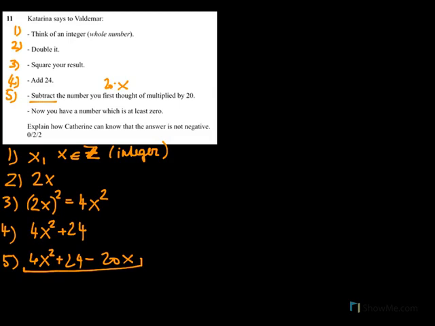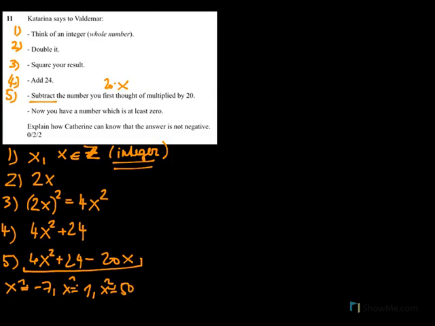And how do we know? What can we say about these numbers? x can be anything. And since I can have different integers, x can be -7, or it can be, I don't know, 1, or it can be 50.